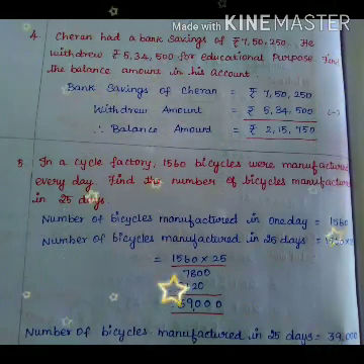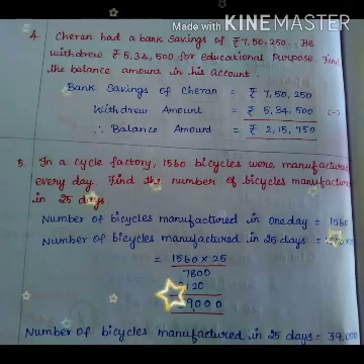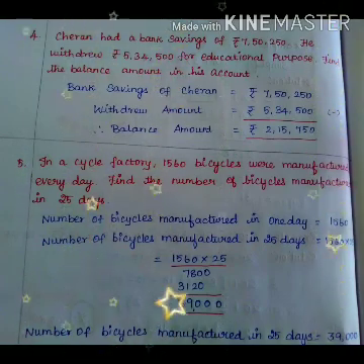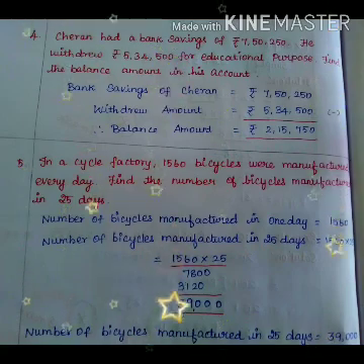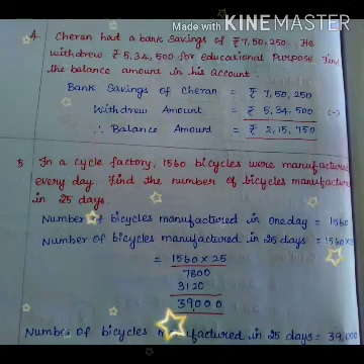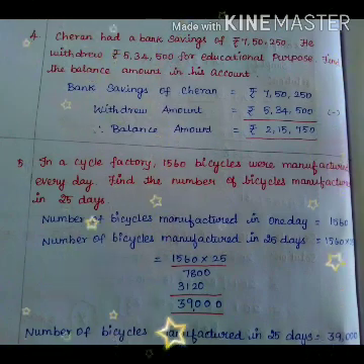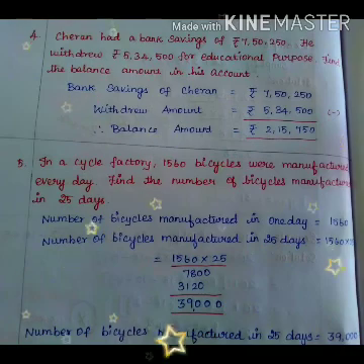So balance amount equal to, what do we want to do? We want to do the subtraction. 0 minus 0 is 0, 5 minus 0 is 5, 2 minus 5, how much? So I will take the borrow. 12 minus 5 is 7. Here 9 is there. 9 minus 4 is 5.